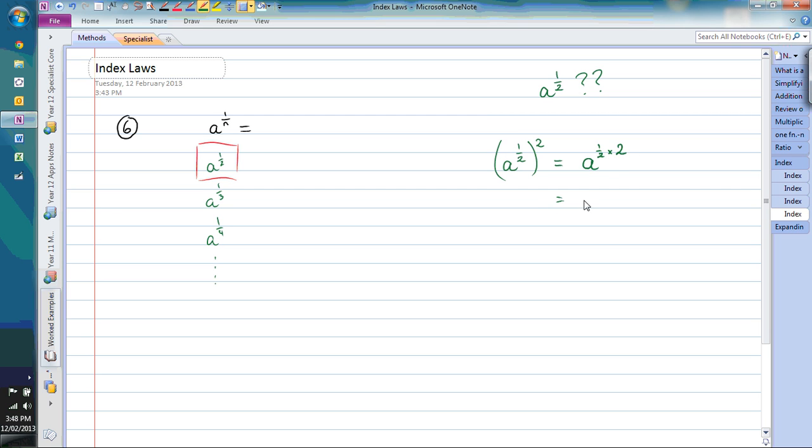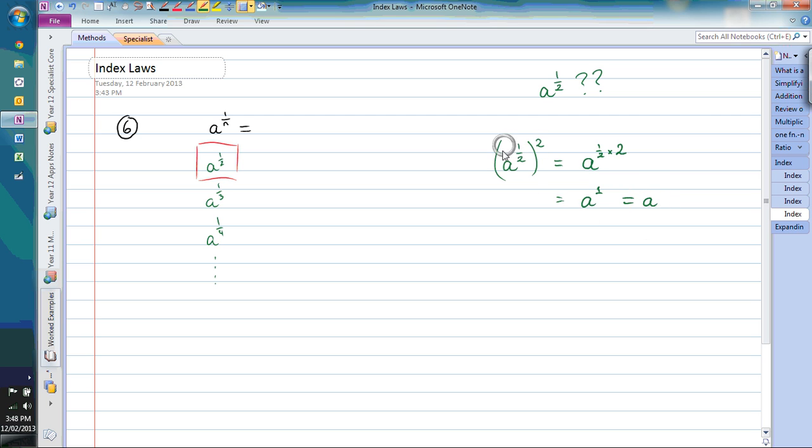And we all know that a half times 2 is the same as 1. And a to the power of 1, that's just a. However, we've just raised a to the half to the power of 2, and we've gotten a as the result.